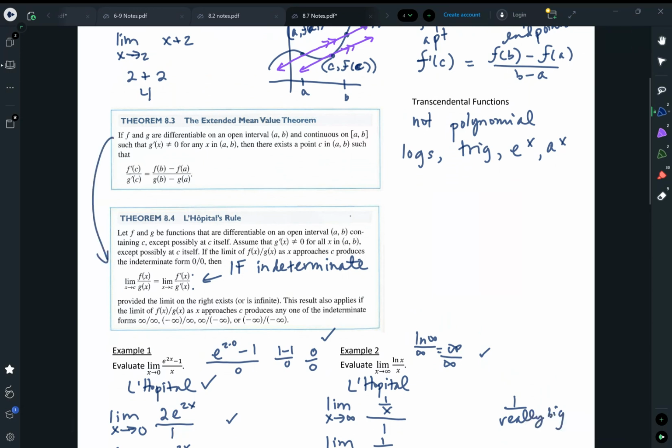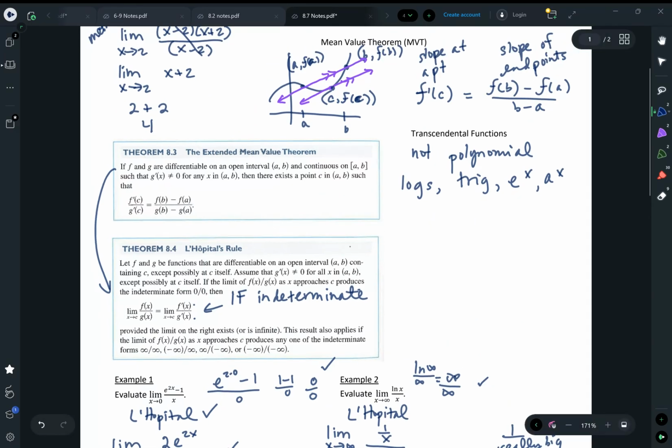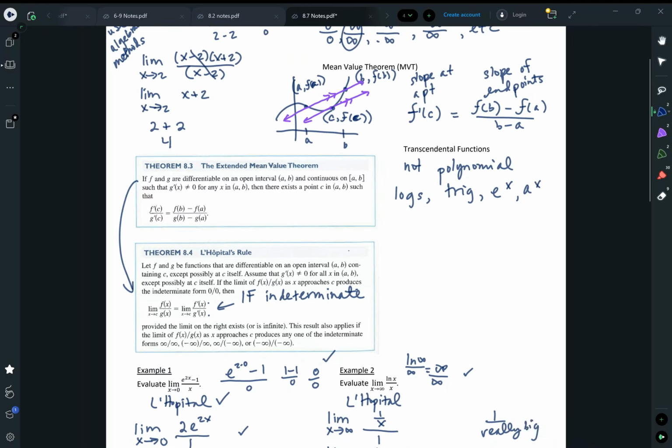It was something I used to spend more time on, but I don't know that it's really worth it. The important thing is if it's indeterminate, and remember indeterminate means 0 over 0, some combination of infinity over infinity, negative or positive, then you can just take the derivative of the top and bottom and find the limit of that instead.